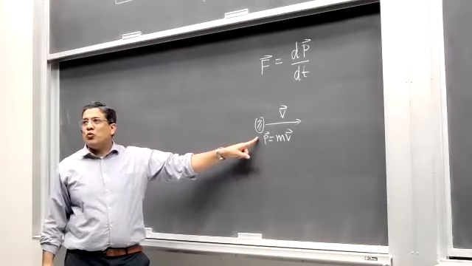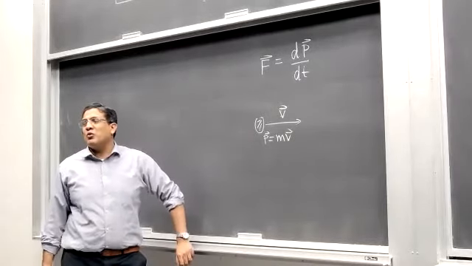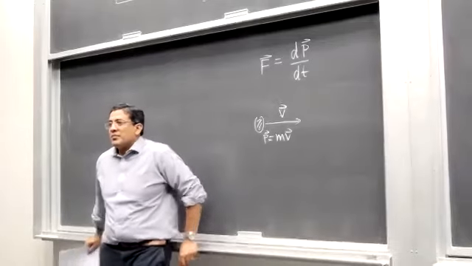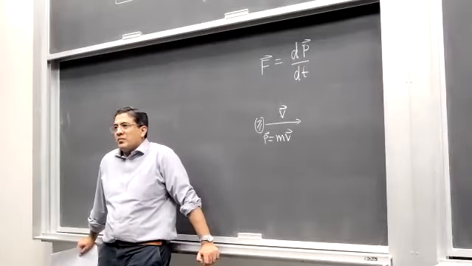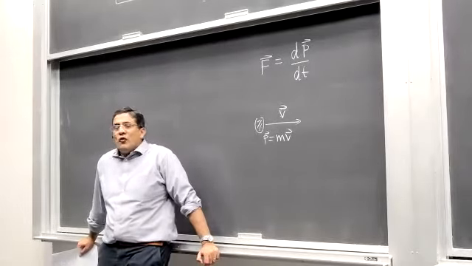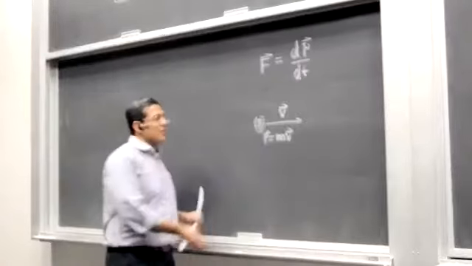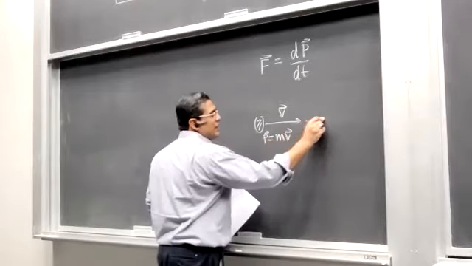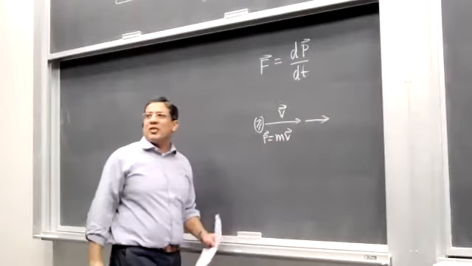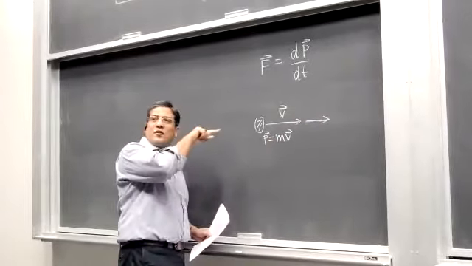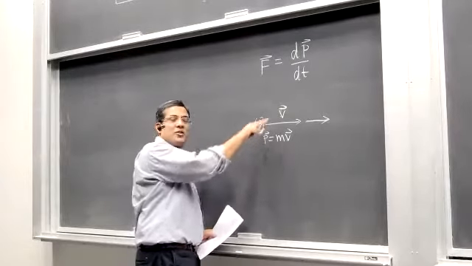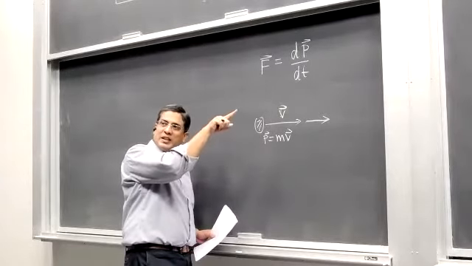Now, there are two ways to change momentum. What are those two ways? Change in mass and velocity, or change in velocity. Yes, we can change its magnitude, okay? So we'll have to exert some force in the same line as the velocity. So if we apply the force in the direction of the velocity, its velocity would go up and momentum would increase.